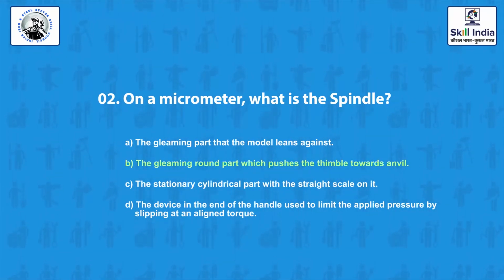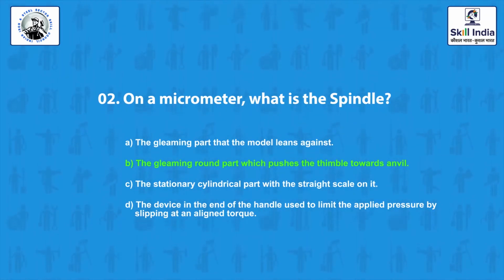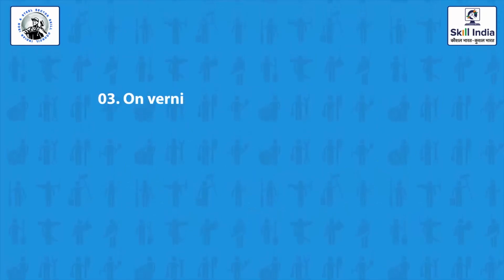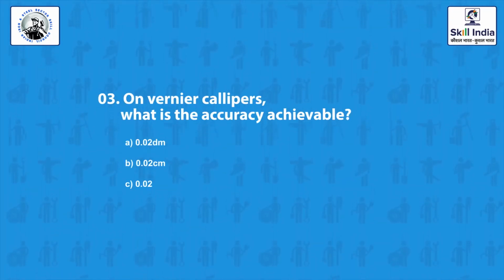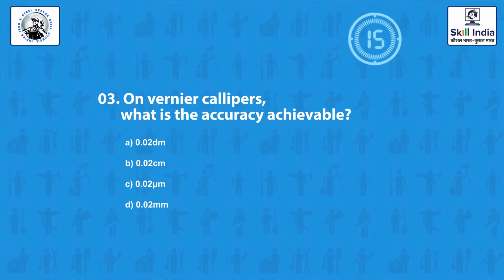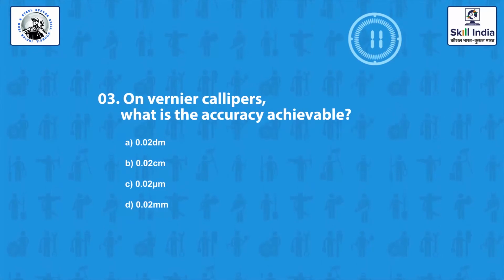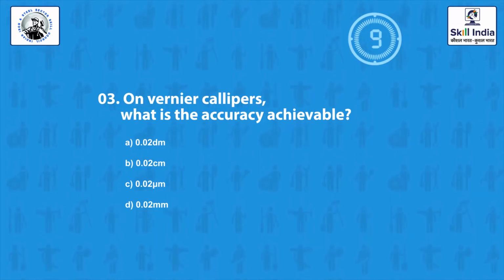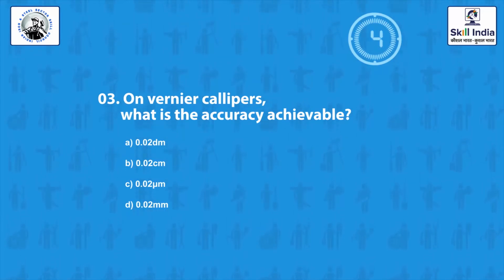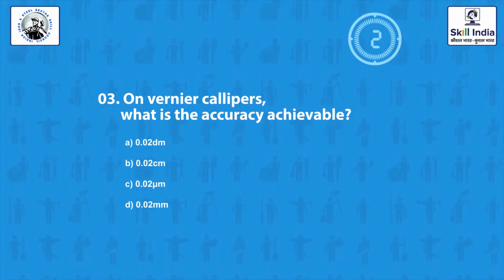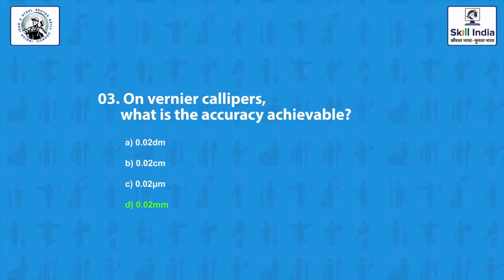Correct answer is B. Question 3. On Vernier Calipers, what is the accuracy achievable? Correct answer is D.